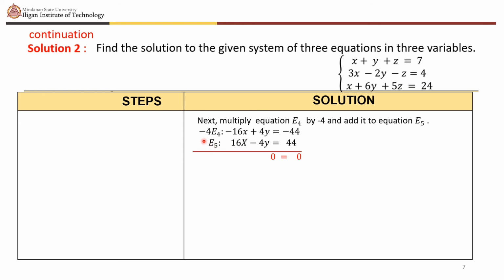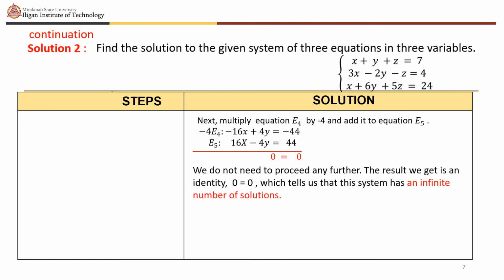Negative 4 times e sub 4 will give us negative 16x plus 4y equals negative 44. And since e sub 5, as computed earlier, is 16x minus 4y equals 44, adding them will give us 0 is equal to 0. Now what does it mean? We do not need to proceed any further. The result we get is an identity 0 equal to 0, which tells us that this system has an infinite number of solutions.